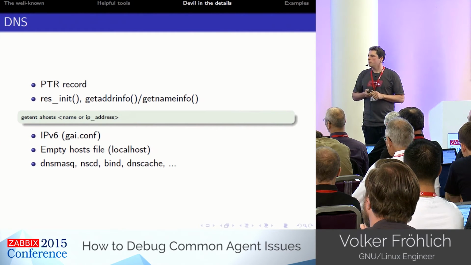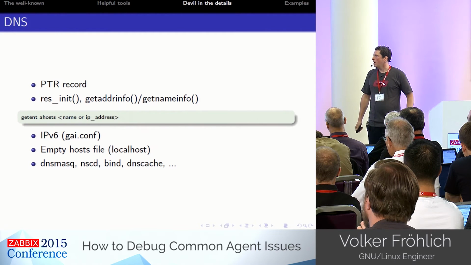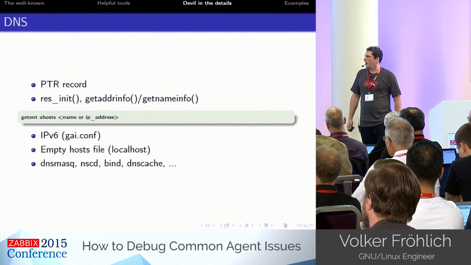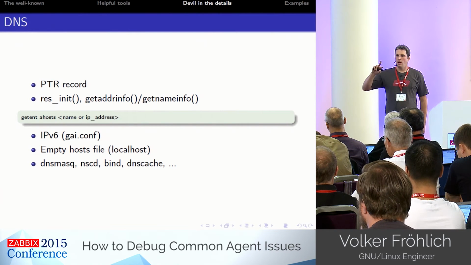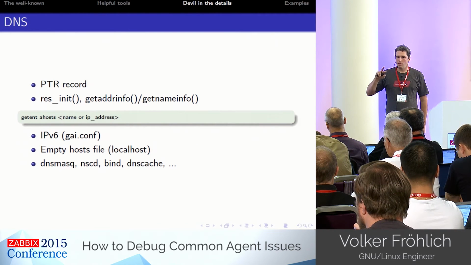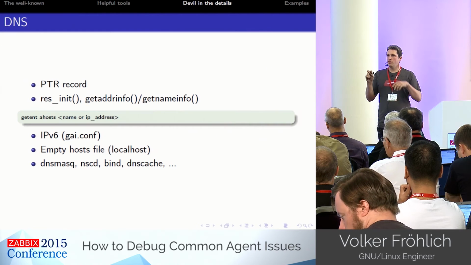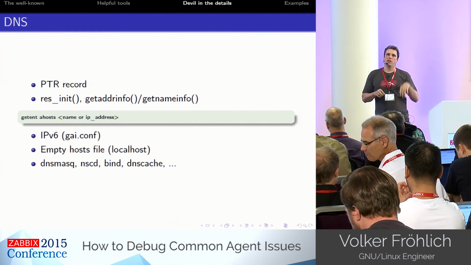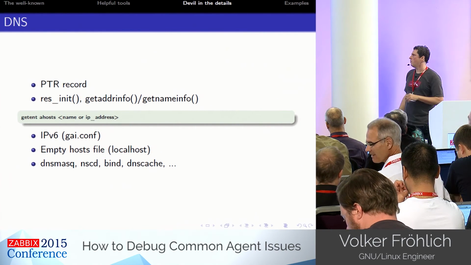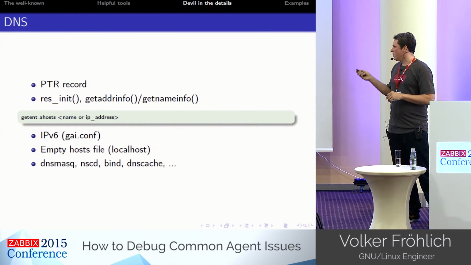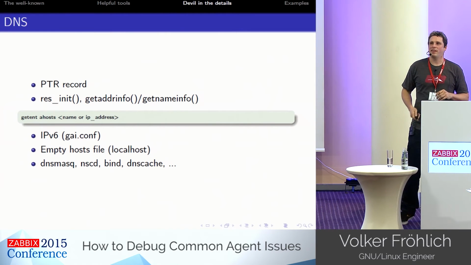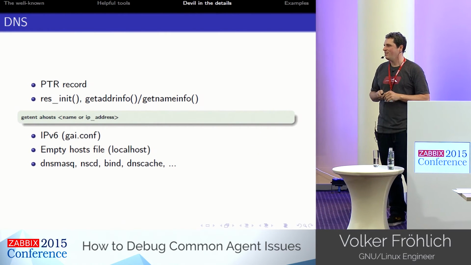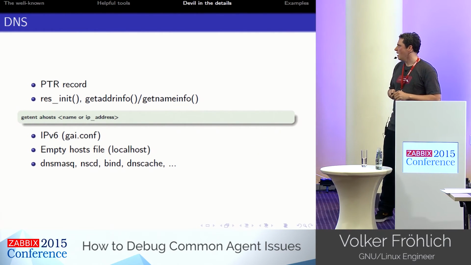If you have dual stack machines, also take a good look at gai.conf, which is responsible for saying which result is the one that counts if there are multiple results, the IPv6 result or the IPv4 result. A funny case was some guy trying to run zabbix_get locally and it wouldn't work. He had an empty hosts file, he didn't define localhost there.